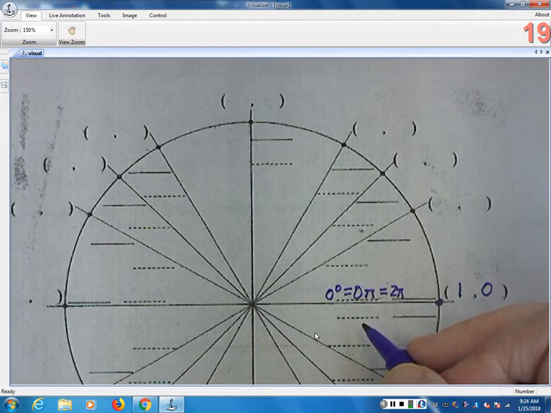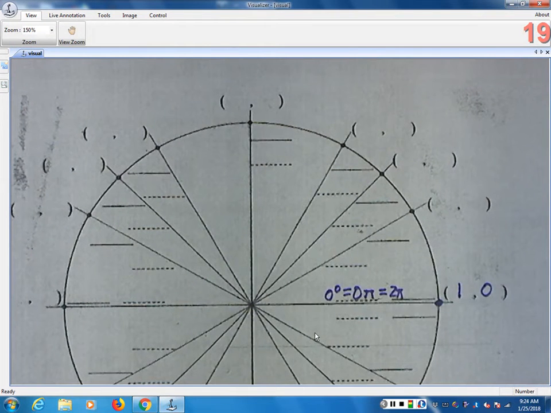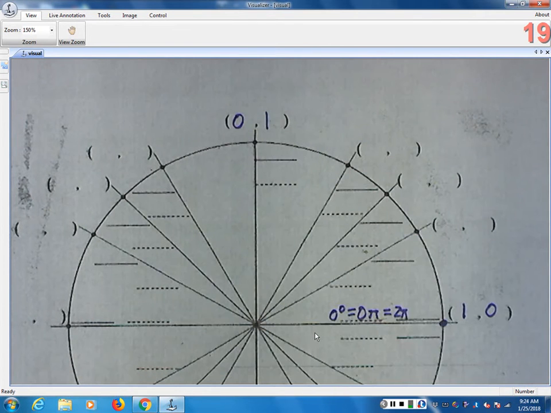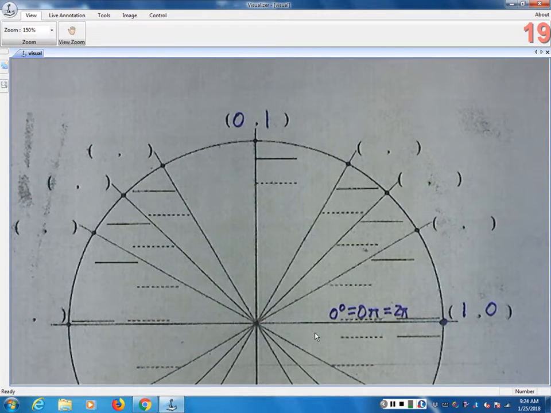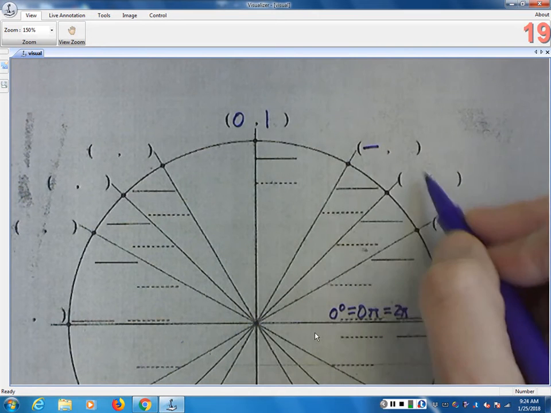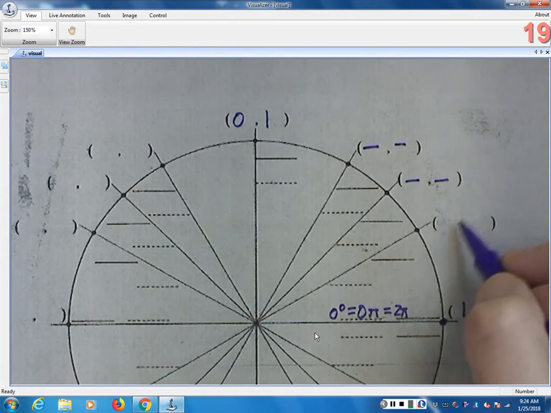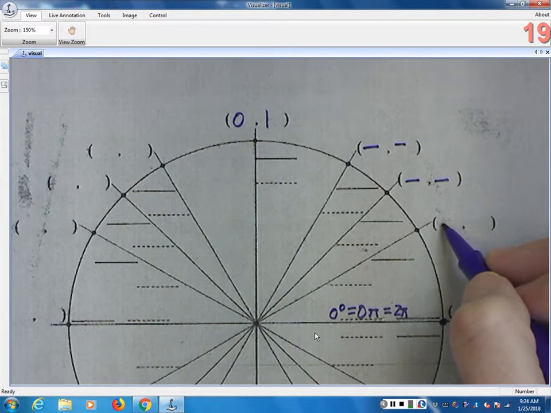Okay, and of course you have 0, 1, and then all of these are fractions, and they're all divided by 2.